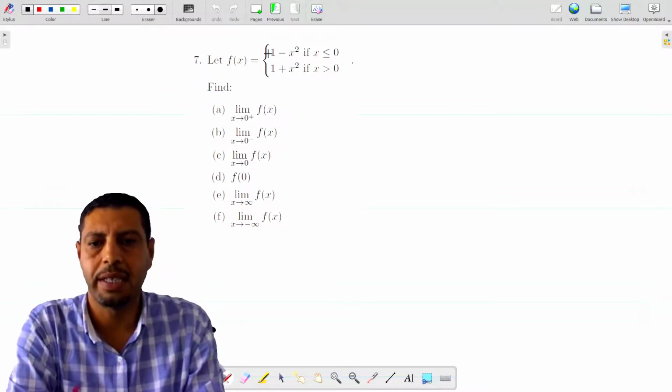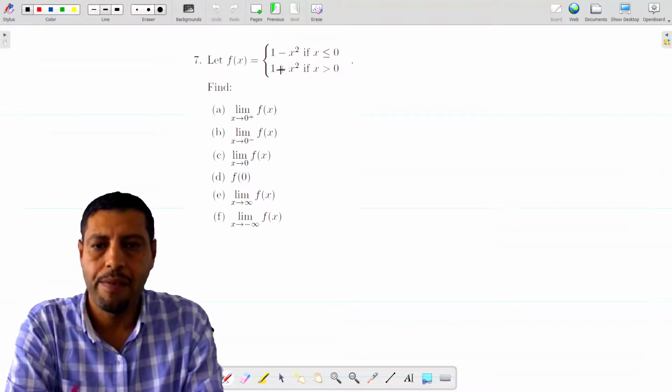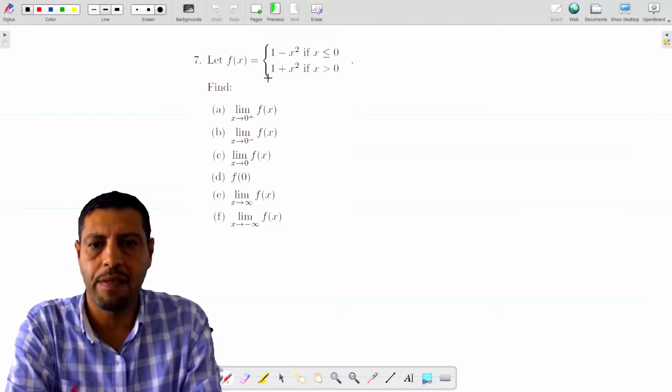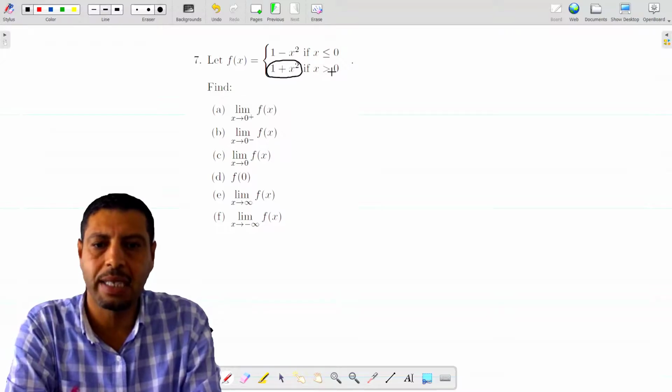Here we have a piecewise defined function, so we have to pay attention, okay? The first limit to compute is the limit as x approaches 0 plus of f of x. 0 plus means to the right of 0. It means that x is greater than 0. And if you take a look at the expression of f of x, it means that you have to consider the second expression, because f of x is equal to 1 plus x squared if x is greater than 0.